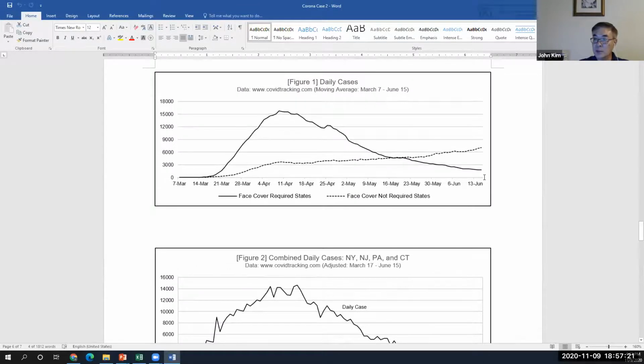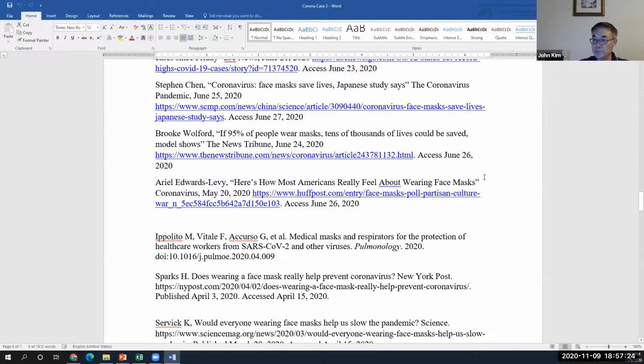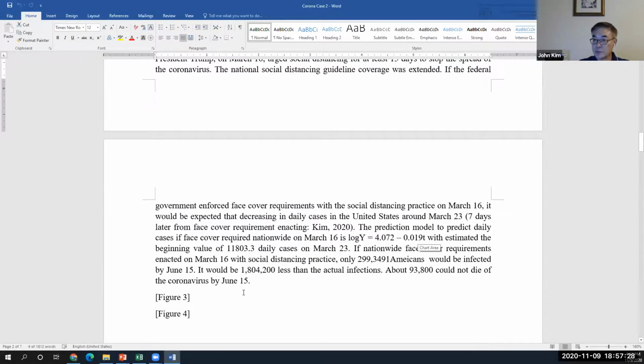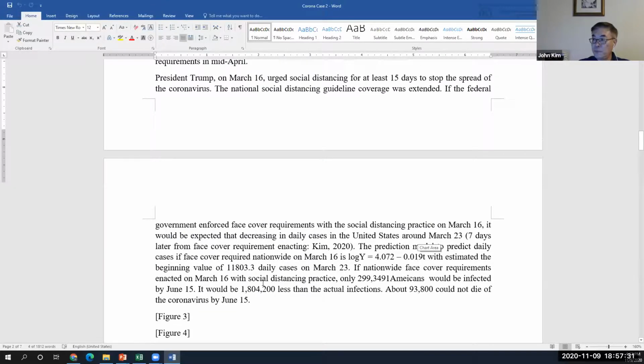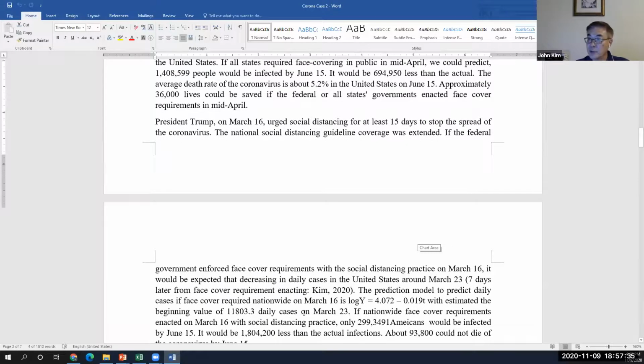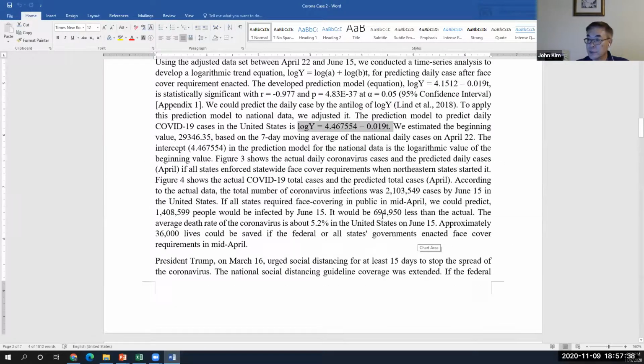And then we calculate like this. If in April, 694,950 fewer cases, and then times 0.2, that is the average death rate, then 36,000 fewer people died until June 15.